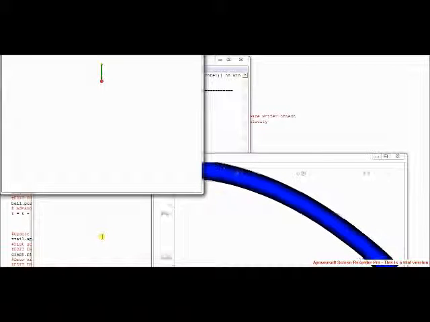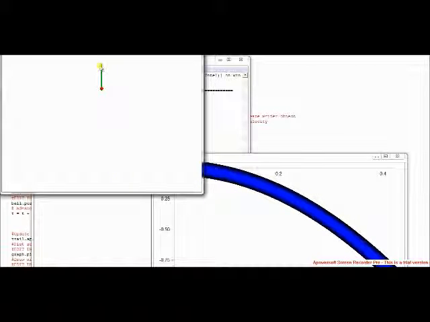So the force due to the weight was minus ball mass into gravity into j hat. So the net force was assumed to be only the gravitational force. This is the same as in the earlier program. So this shows the graph of the ball falling. So this is a perfect parabolic shape.